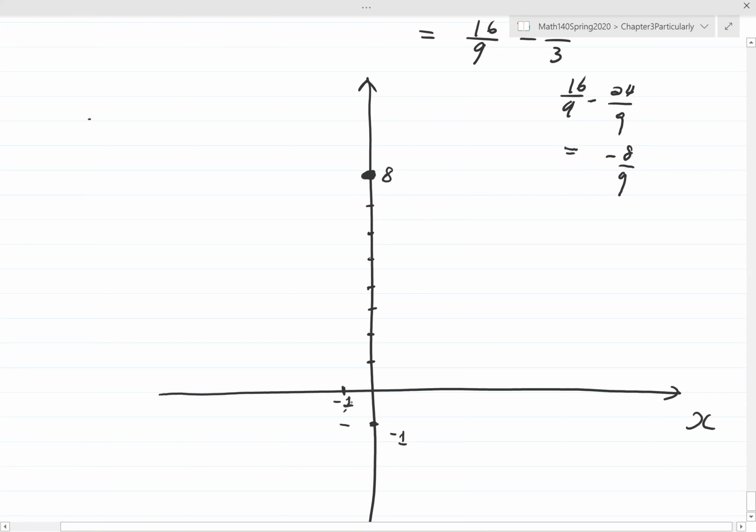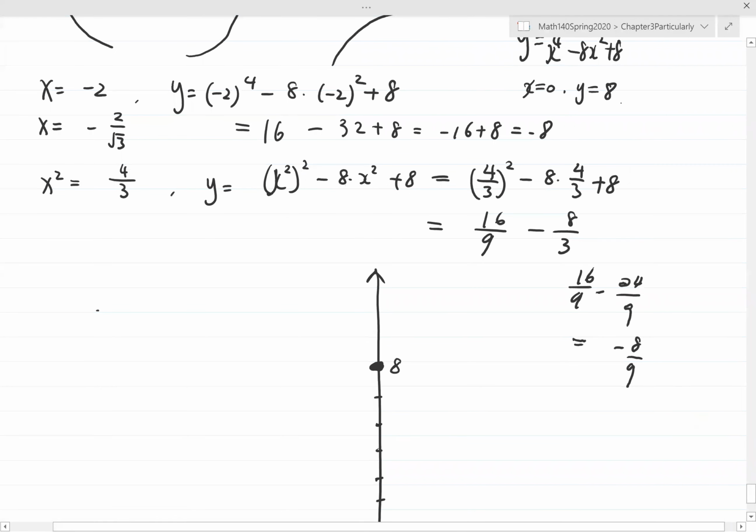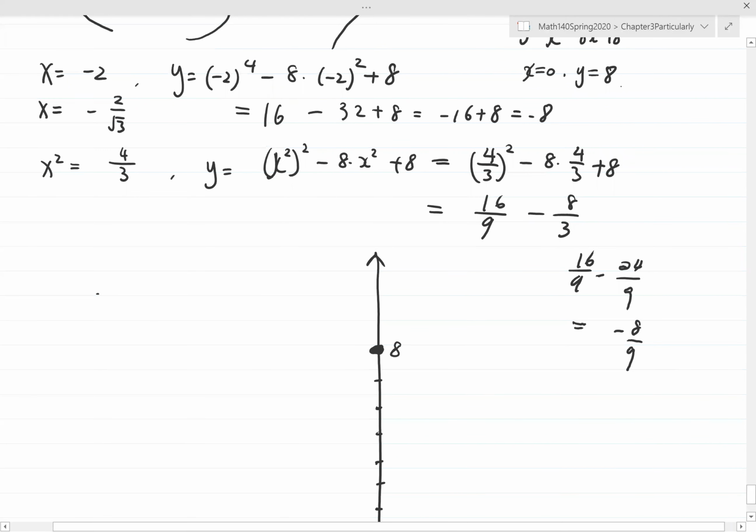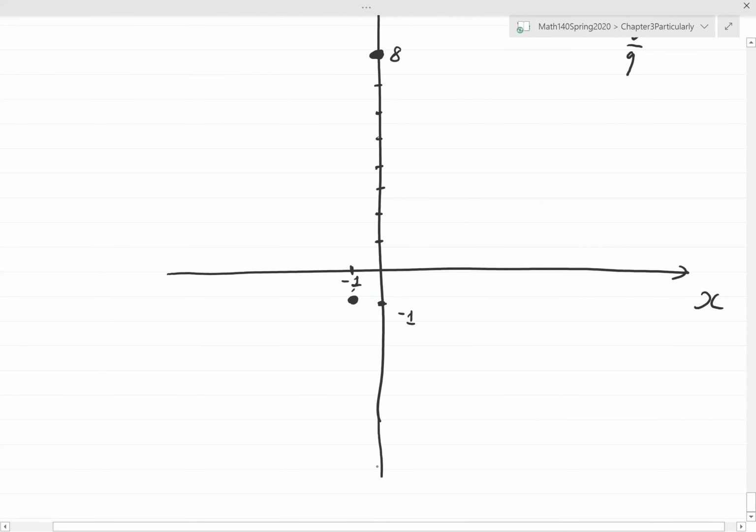And then when x is negative 2, it's negative 8. So it should be here.